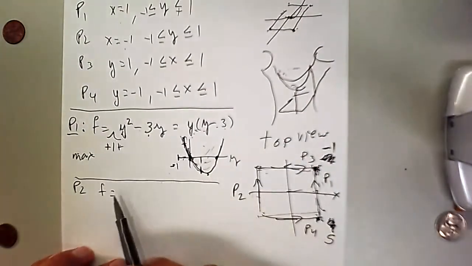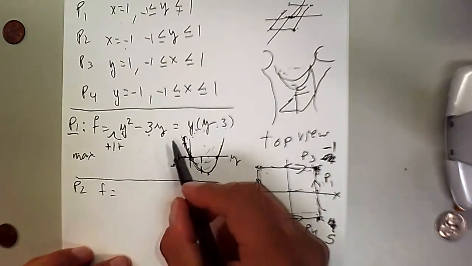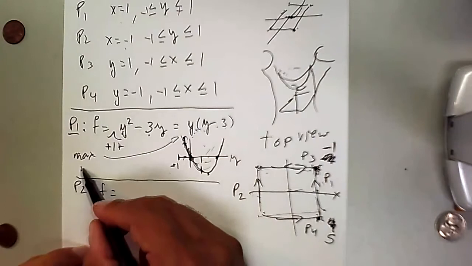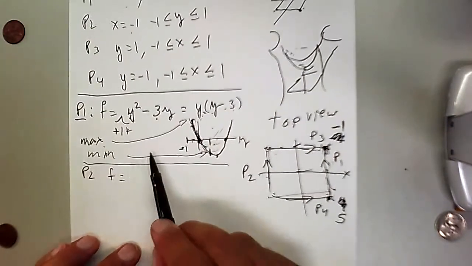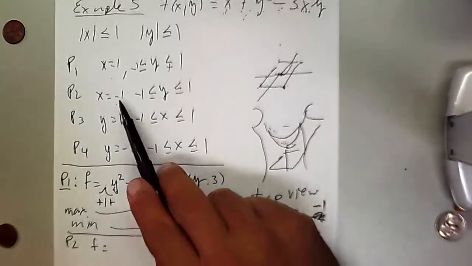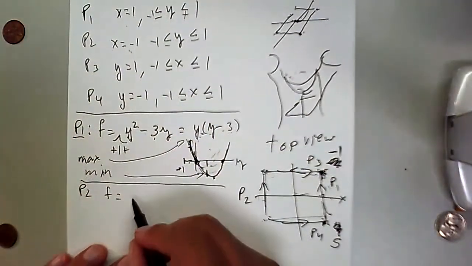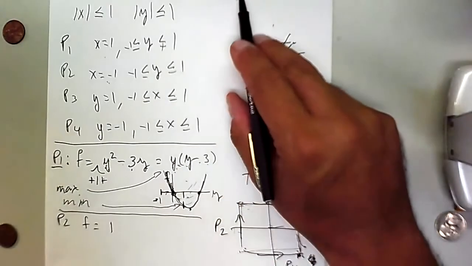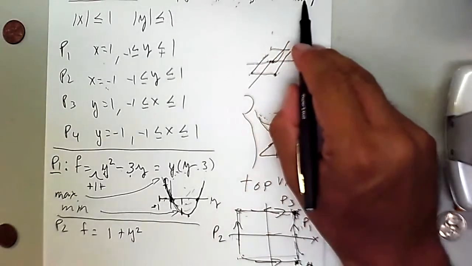All right. And the reason why I realized that, by the way, the maximum was there, the minimum is here. The reason why I realized that is because now I'm going to plug in -1. So -1 squared is still going to be 1 plus y squared. And x is -1.